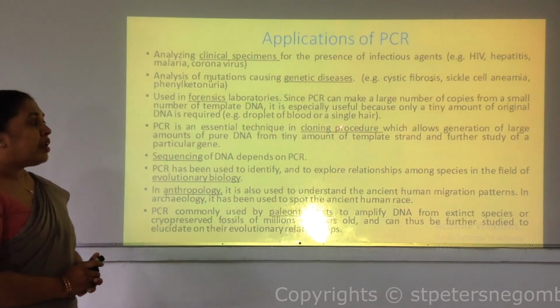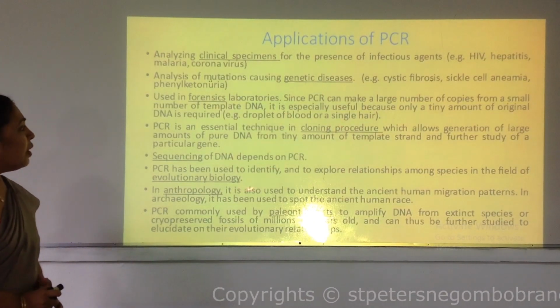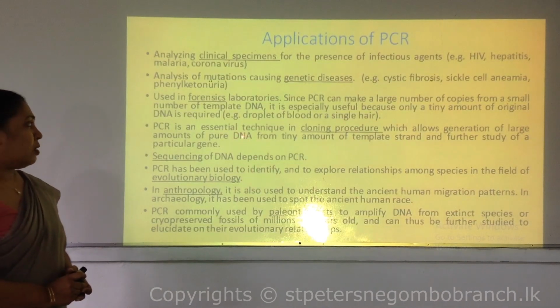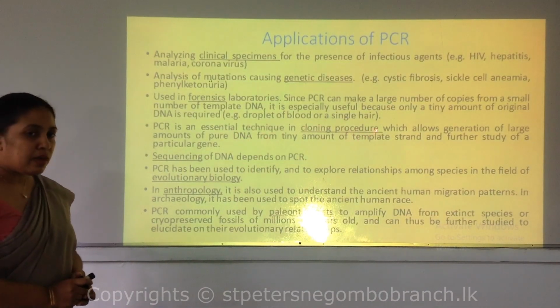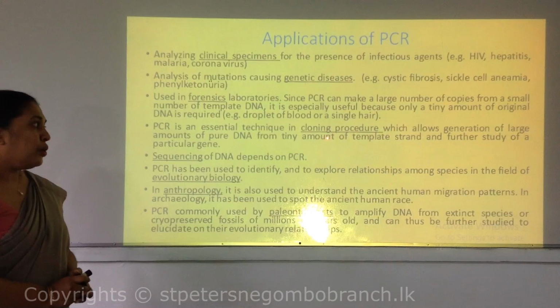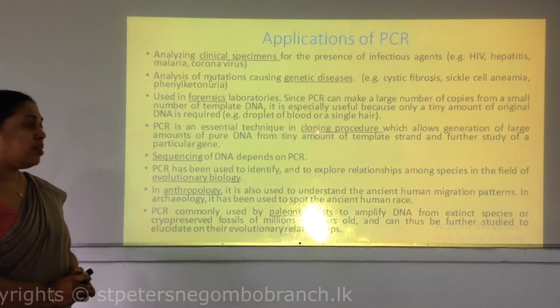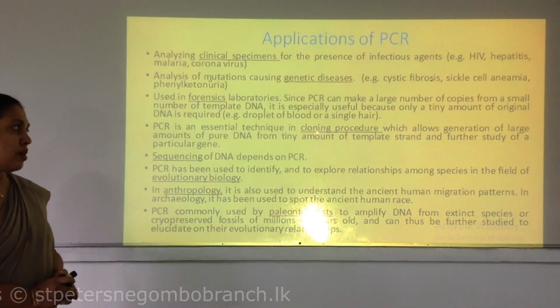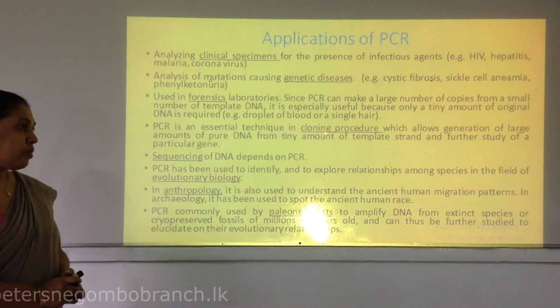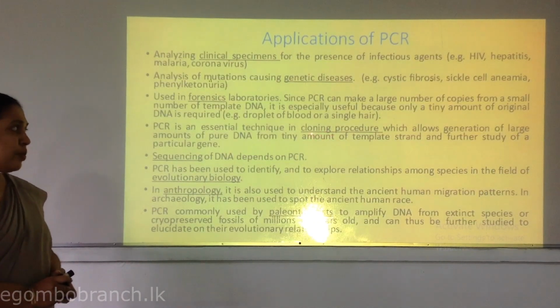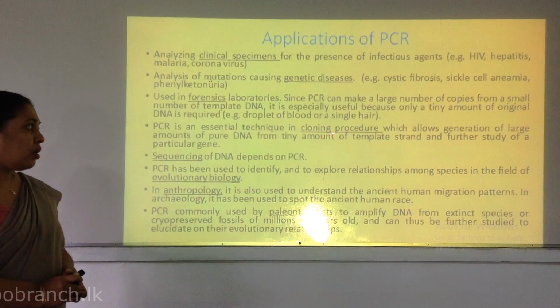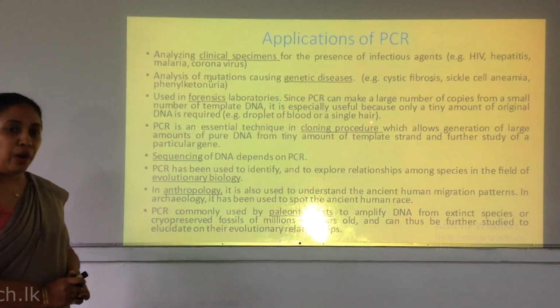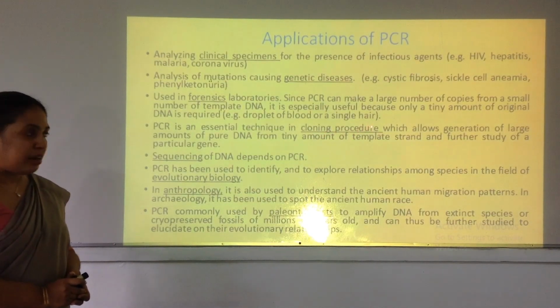We can identify the criminal using PCR, and it is an essential technique in the cloning procedure. DNA cloning is done to obtain some genetically modified organisms such as some agricultural products which are resistant for a long time or give high productivity.